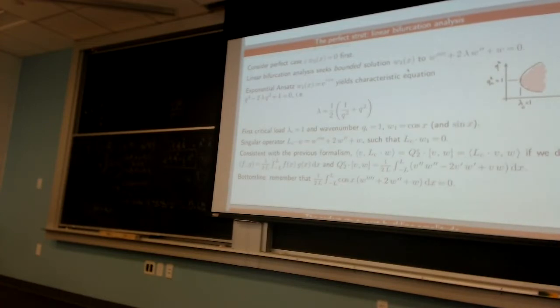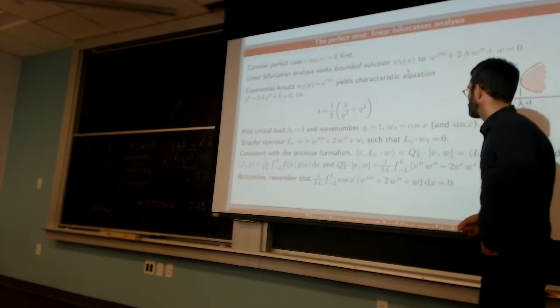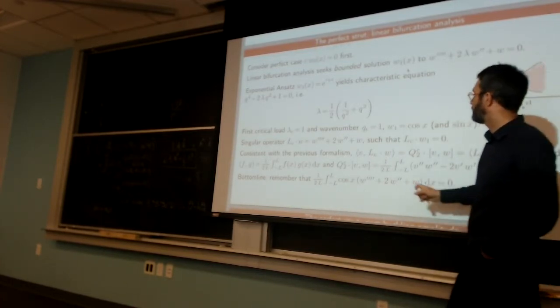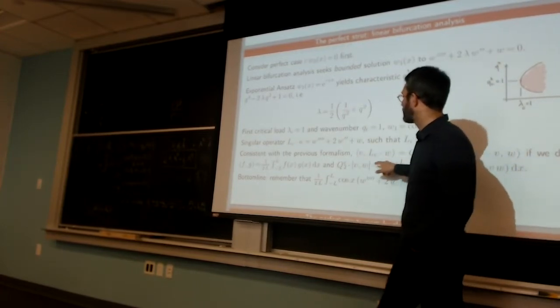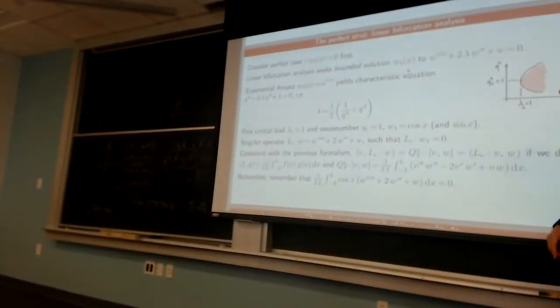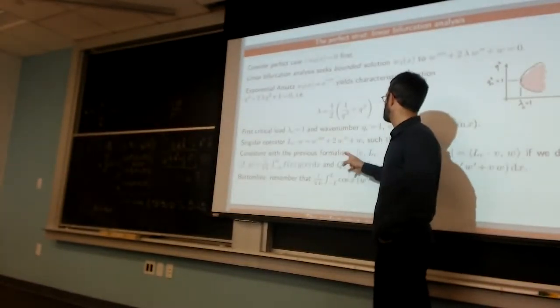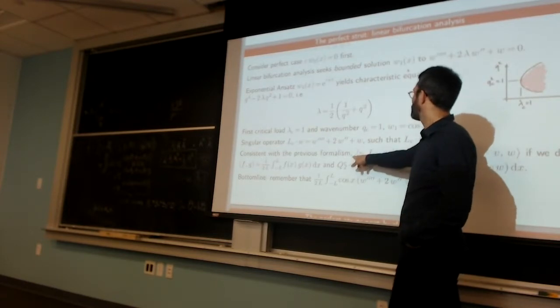And now, the reason is that this system has a conserved energy, so you can view LC as a self-adjoint operator, which is a complicated way of saying that if you calculate this bracket, which is just the average of the product, then because you only have even derivatives, if you calculate this times the v, you can move the LC onto the v.